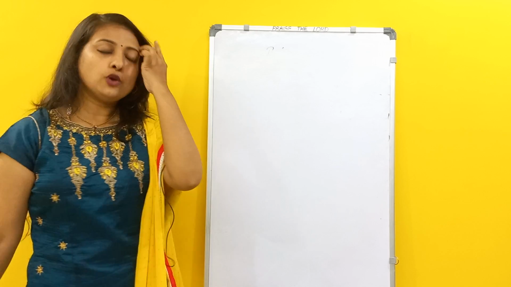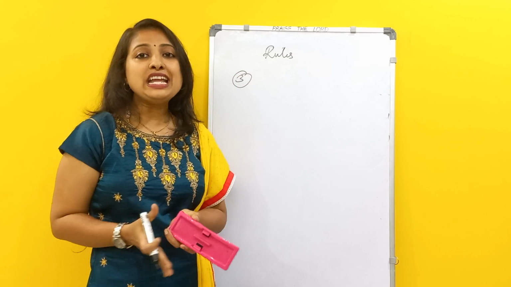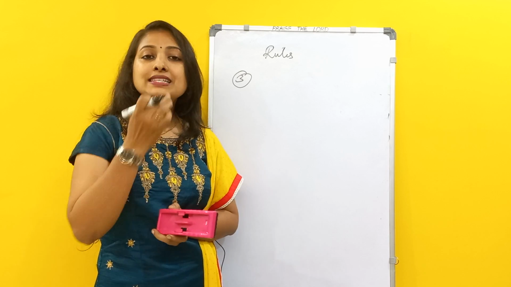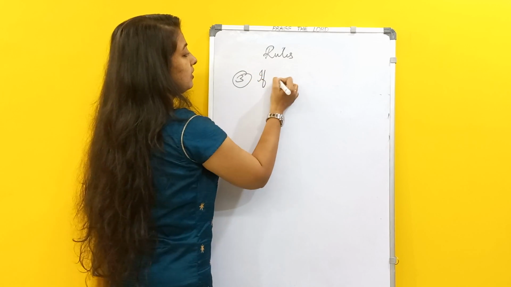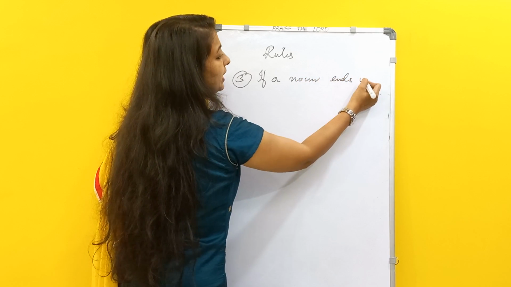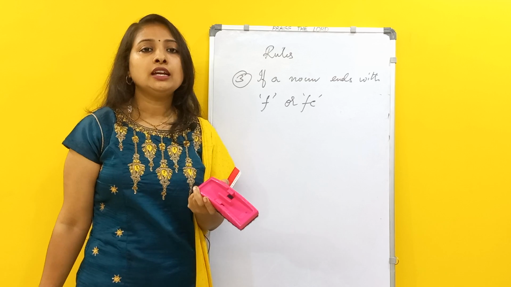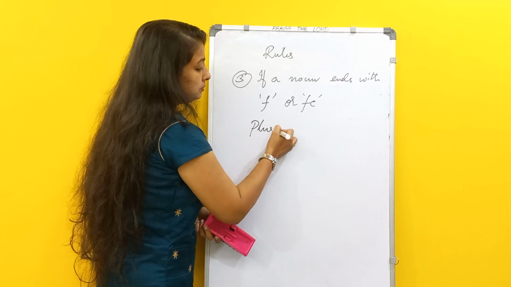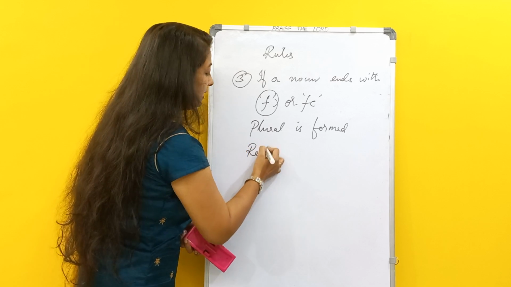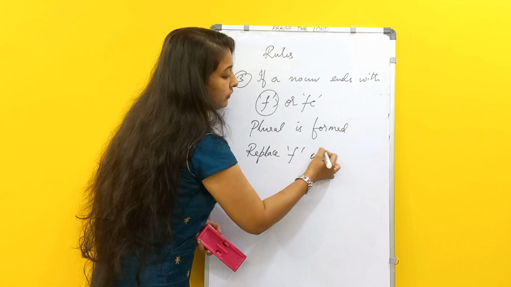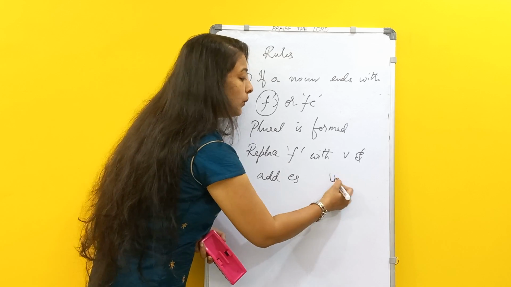Now, if a noun is ending with F or FE, then its plural is formed by simply replacing the F with V. Replace F with V and add ES, or otherwise we can simply say add VES.